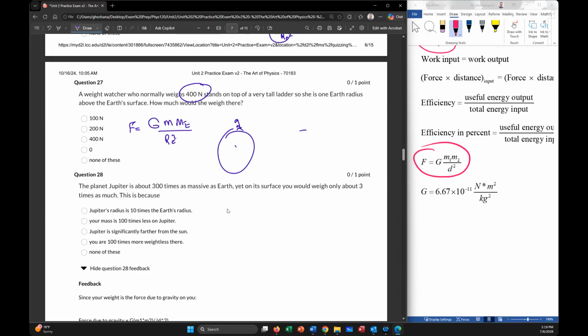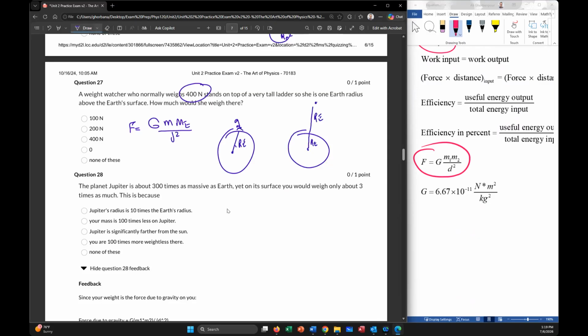You are high above the Earth, by another radius R_E. So what happened to this distance? You remember the distance is squared, yes?